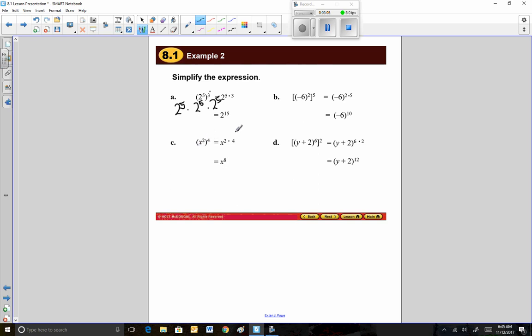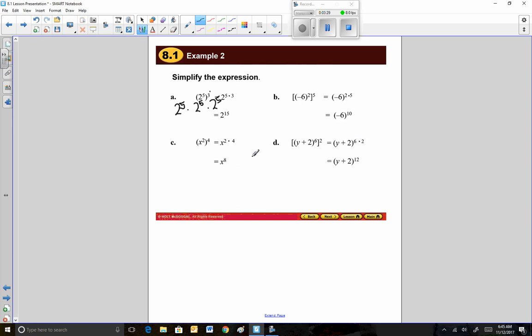So we have 4 times 2 is 8, and so we get x to the 8th. Another set of parentheses here, we have y plus 2 to the 6th power, and take this entire expression to the 2nd power. So we have y plus 2 to the 6th power, times 2. So we take 2 times 6 and we get 12.